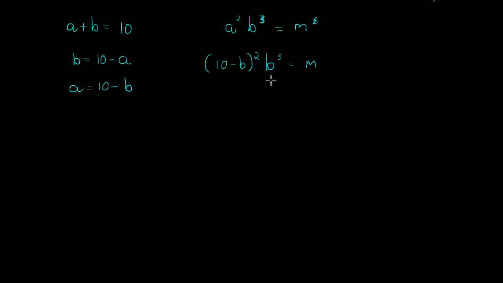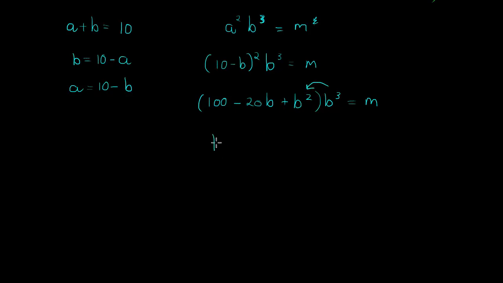Okay, and let's see why. So if I now multiply this out, I get 100 minus 20b plus b squared, times b cubed is equal to m. So now I simply multiply in. So b, I'm just going to write it in reverse order.